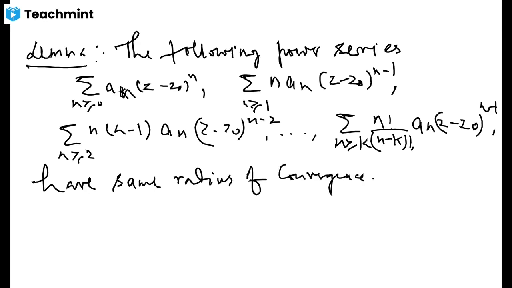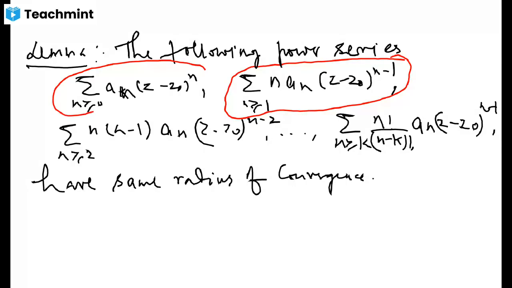So what is the relation between these power series? Look, you get this power series if you differentiate the first one with respect to z. And we have to prove that these two power series have the same radius of convergence.